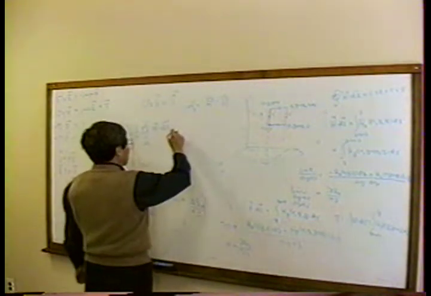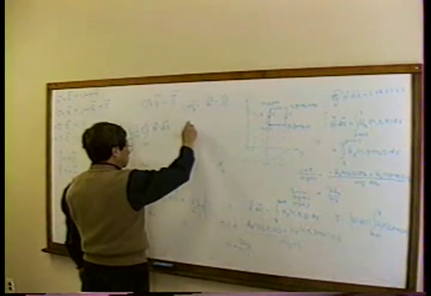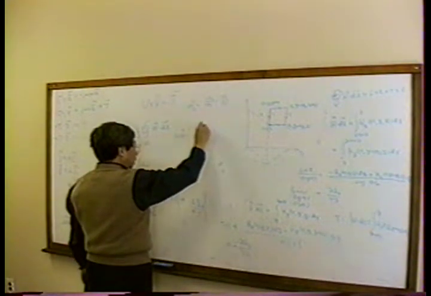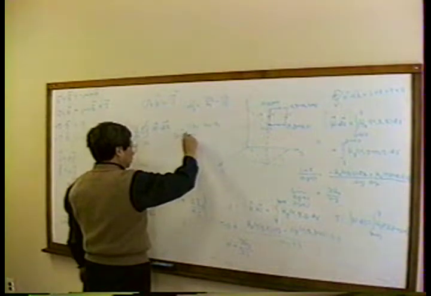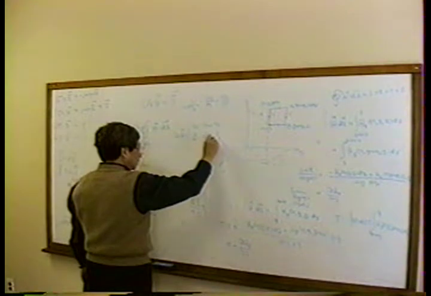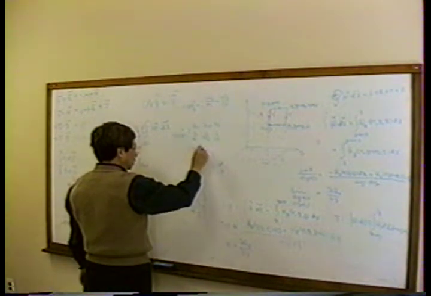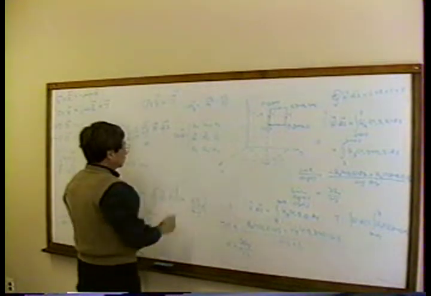So as a result, del cross H is equal to this determinant: ax, ay, az; d by dx, d by dy, d by dz; and Hx, Hy, Hz. So you just check.